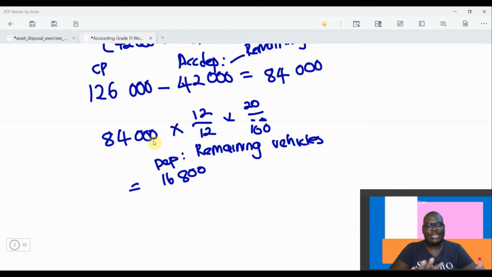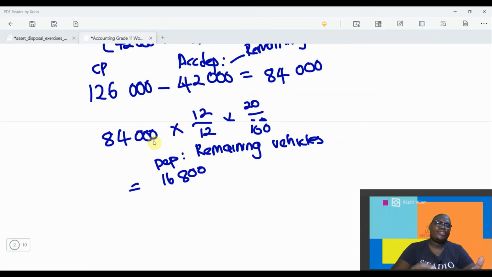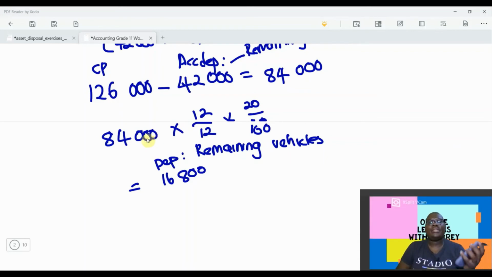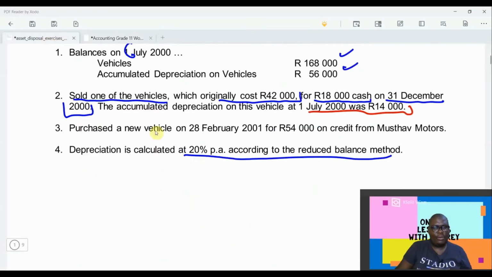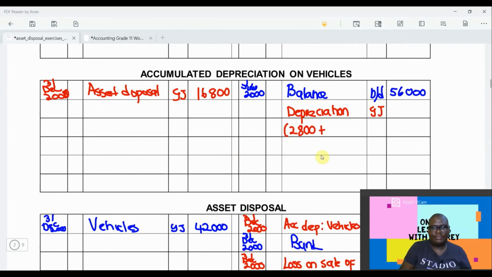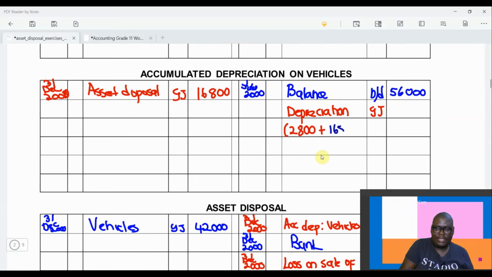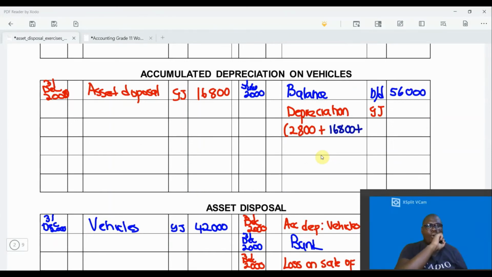I think you need to be patient and not rush when you reach that part. So we got 16,800. Now here on the T account, we're going to add 16,800, and then we need to add the depreciation of the new one that was recently bought.